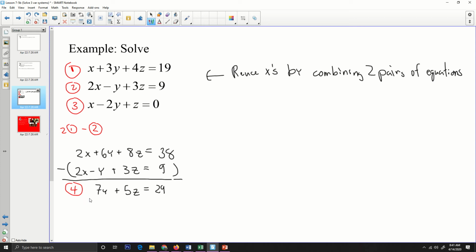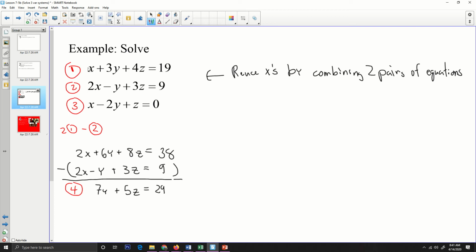So I still need to combine two pairs of equations. As long as I don't pick 1 and 2 again, I can choose any other pair. I could combine 2 and 3, but I'm going to combine 1 and 3 because then I don't have to do any multiplications.